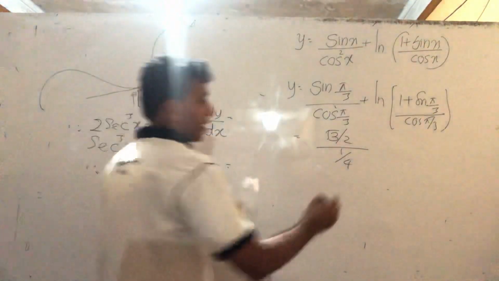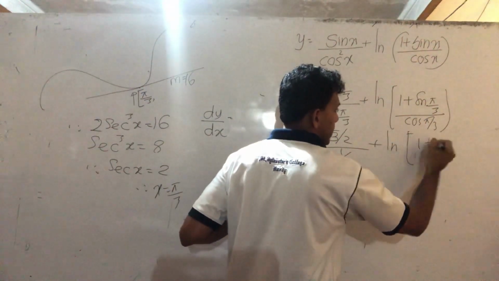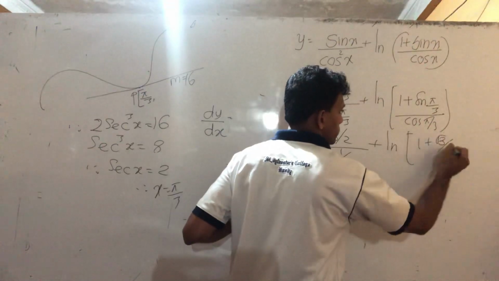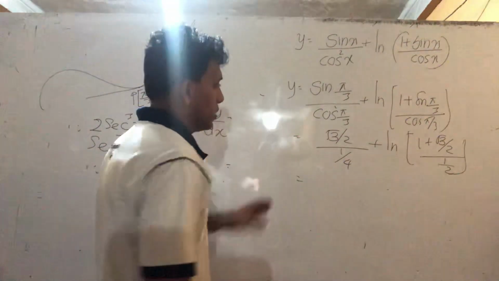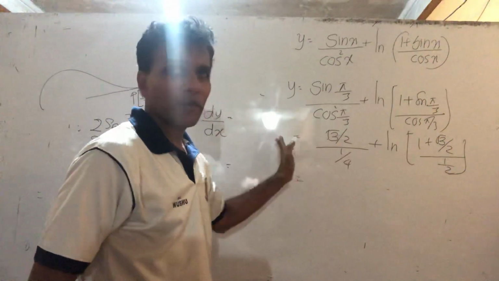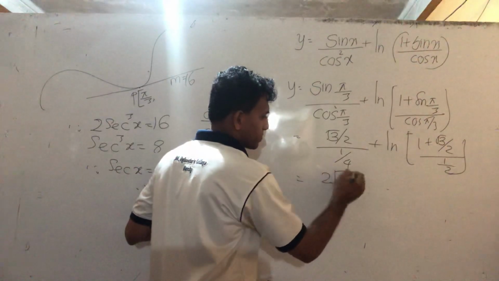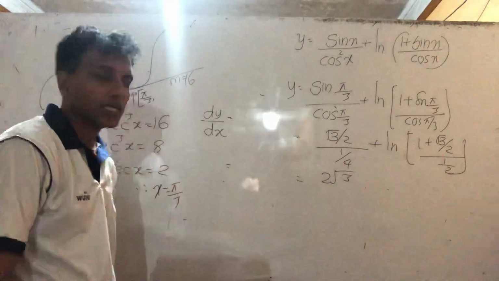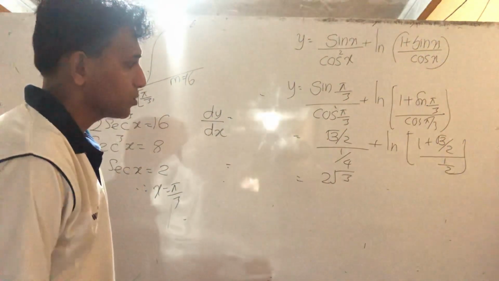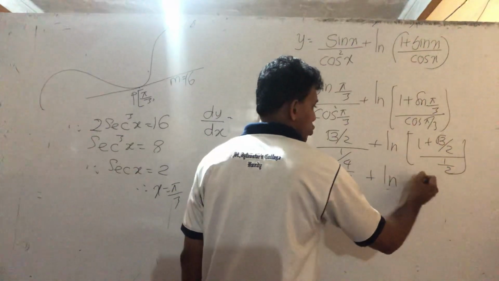Plus logarithm of 1 plus sine, root 3 by 2, over here half. Here if you multiply up and down by 4, numerator and denominator, the 4 cancels, and here multiply by 2 up and down, that's 2 plus root 3.